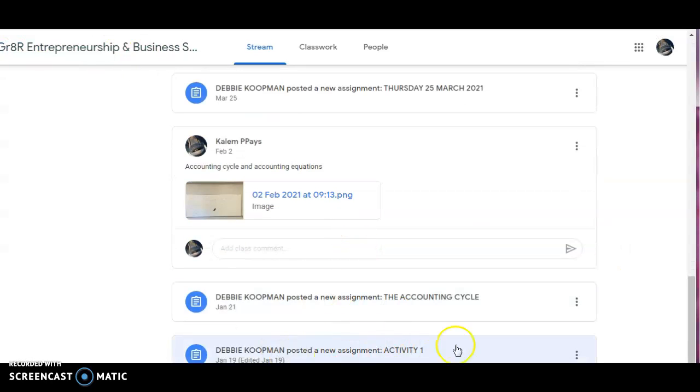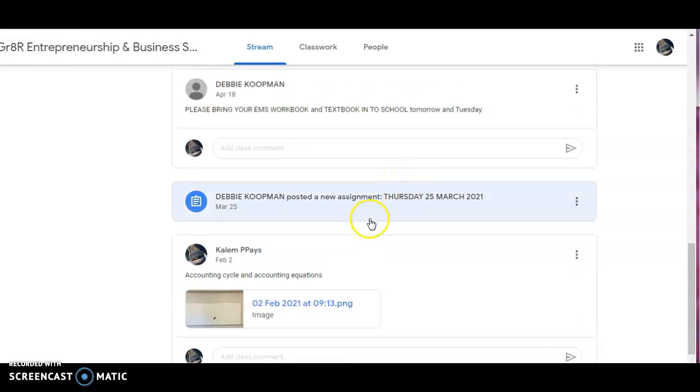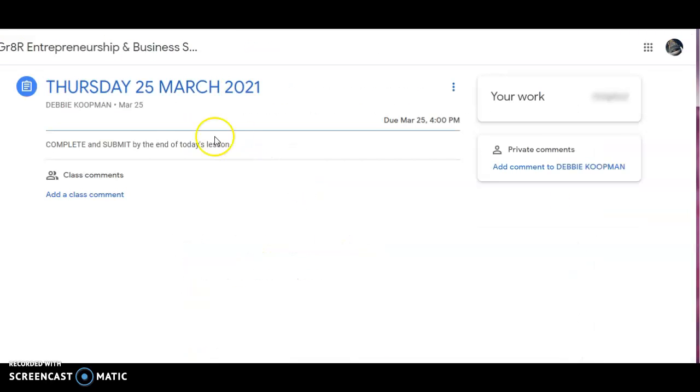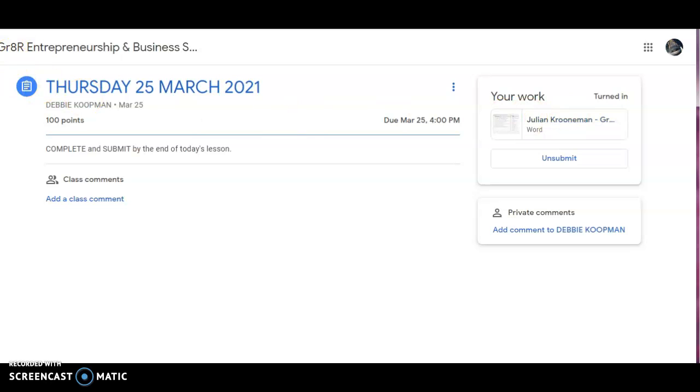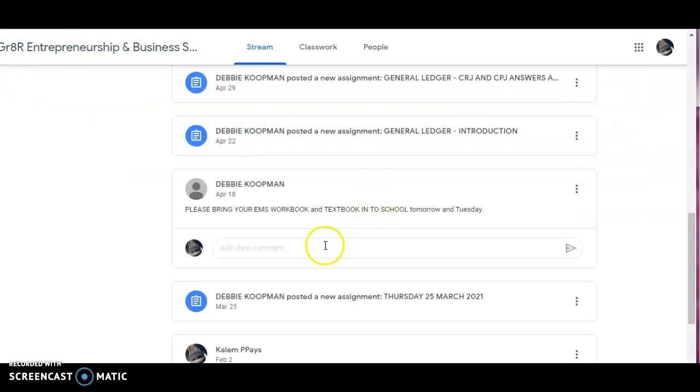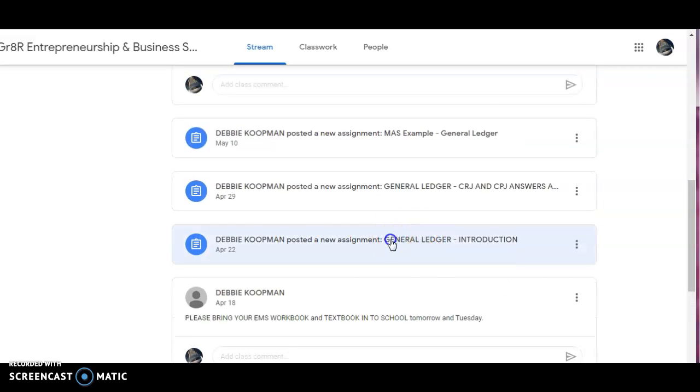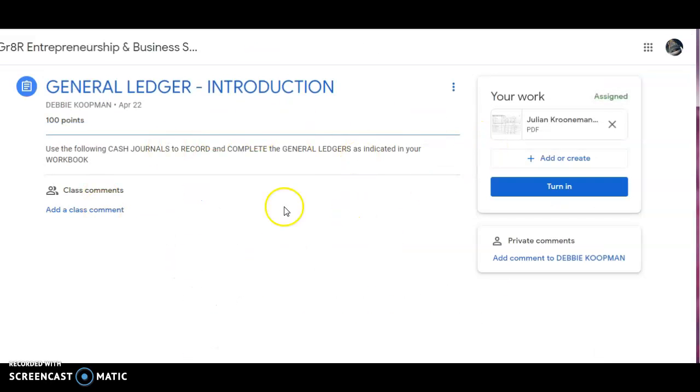Activity 1, for instance, a good thing to practice for the exam. This assignment here that you did, also a good thing to practice for the exam. The general ledger introduction: use the following cash journals to record and complete the general ledgers as indicated in your workbook. Very good practice to do that.